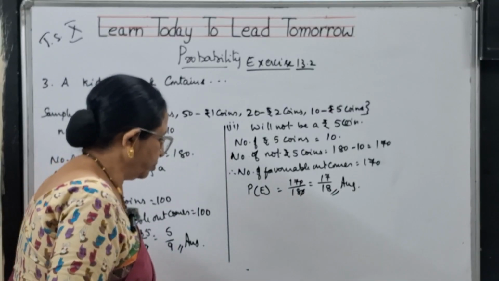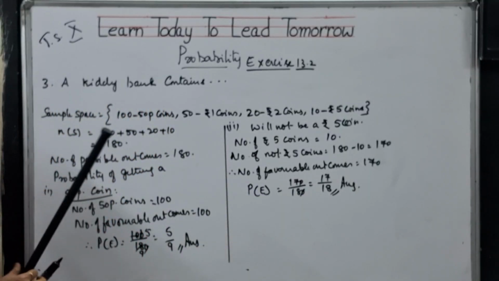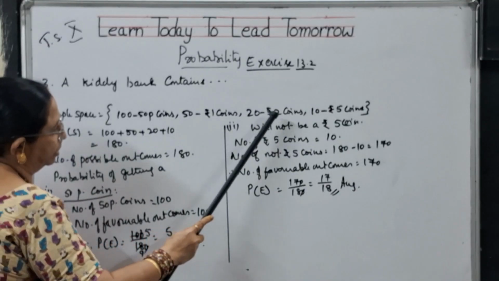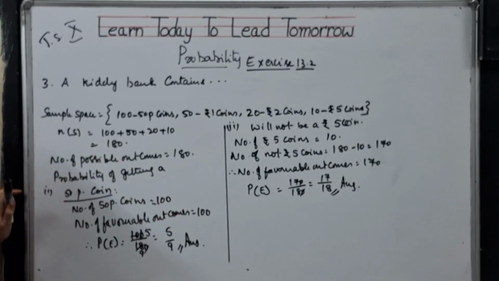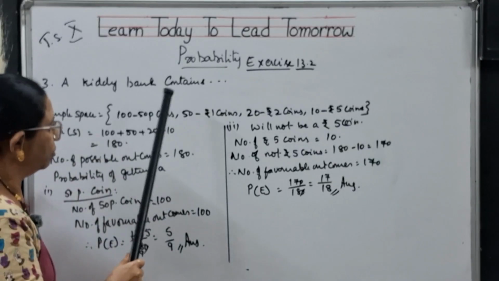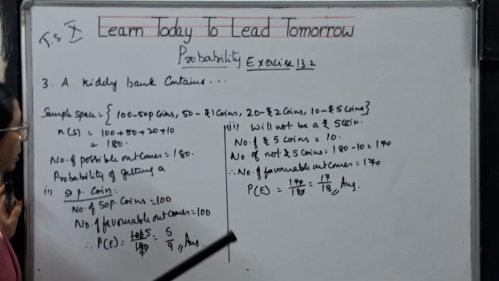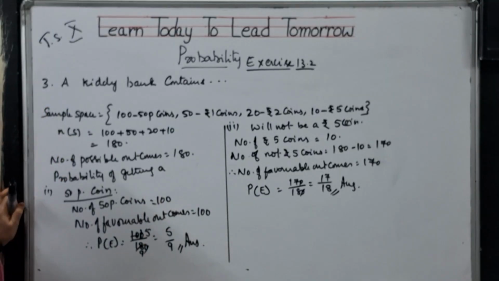So let me explain once again. A kitty bank contains 100 50 paisa coins, 50 1 rupee coins, 20 2 rupees coins, 10 5 rupees coins. Now they have inverted it, they wanted to take some money from the kitty bank. They just turned that kitty bank so that one coin has come out.